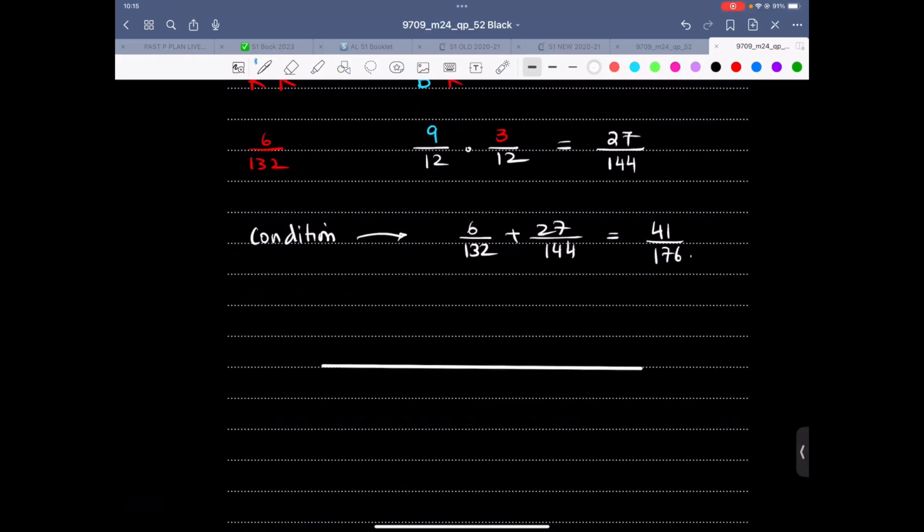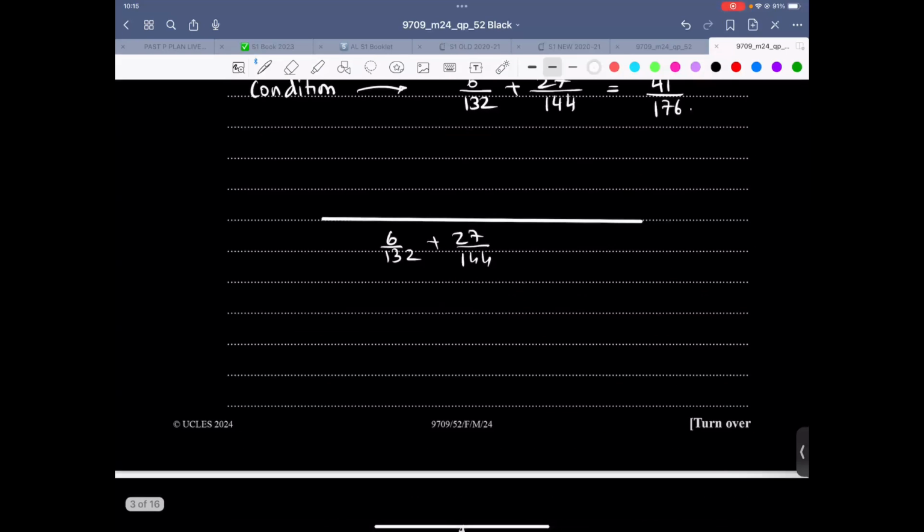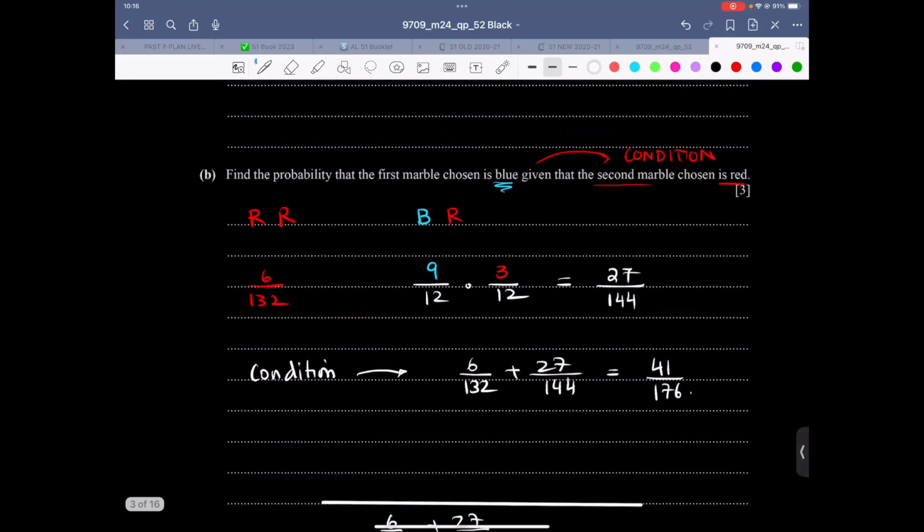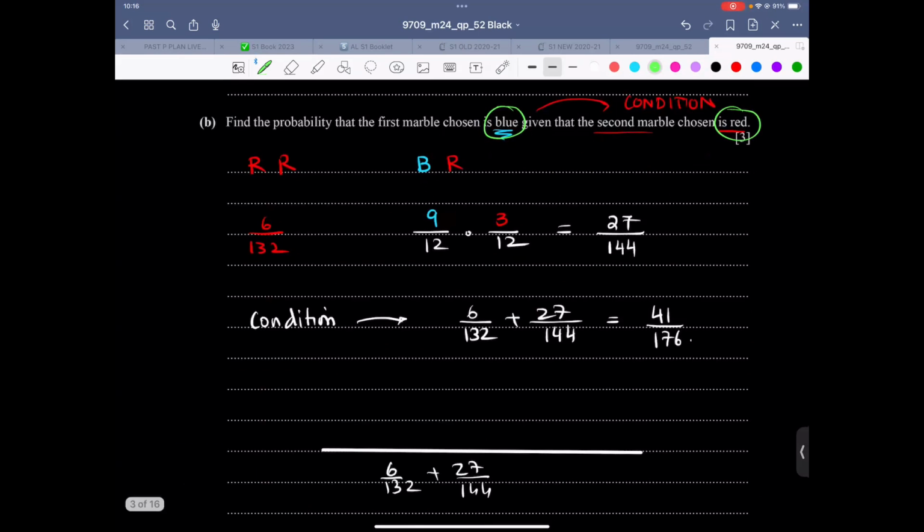So therefore, let me draw a thick line over here. And in the denominator, we have these two, which is 6/132 plus 27/144, which will become 41/176. Why have I written it separately? Because I'm interested in the numerator, which is basically blue and red. So blue and red, that is the numerator.